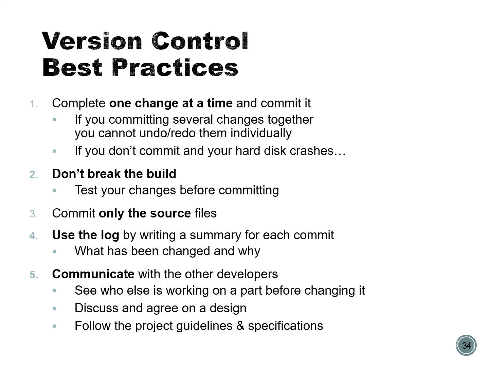So basically, running version control isn't difficult. There's only a handful of rules. One change at a time, don't break the build, don't ever commit something that makes the build fail. Commit only one source code at a time, use a log: who did, why did, what was added, what was removed, and so on.